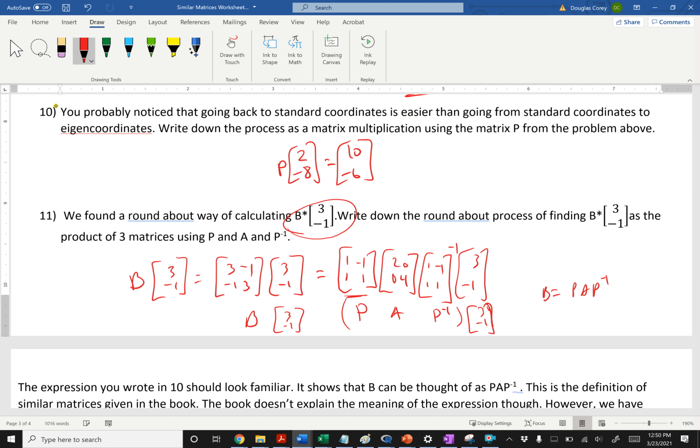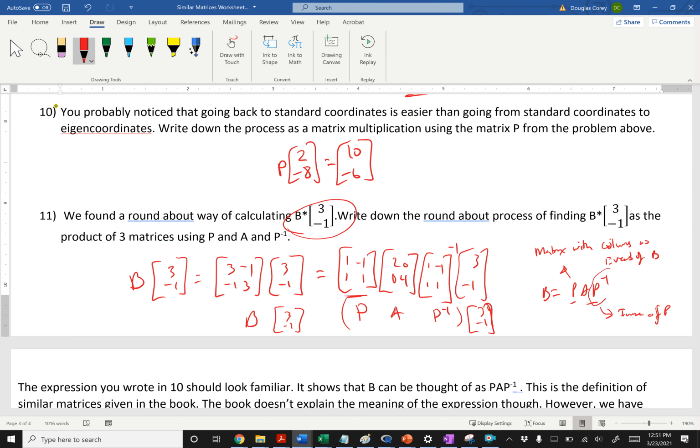And in doing this process, we've learned a lot about what P and P inverse are. P is a matrix with columns as eigenvectors of B, and P inverse is the inverse of P, and we can also add meaning.